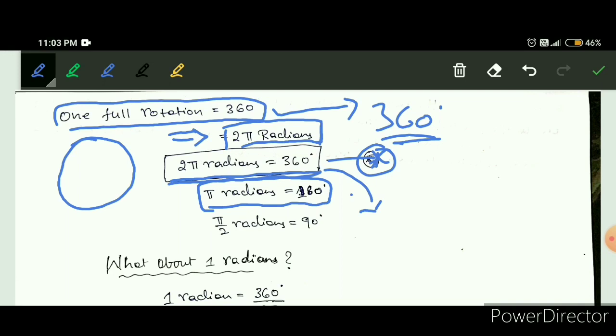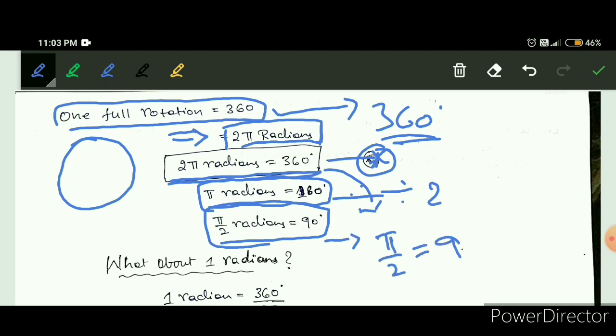How? Dividing both sides of equation star by 2, we get pi radian is equal to 180 degree. Dividing both sides again by 2, we get pi by 2 radian is equal to 90 degree.